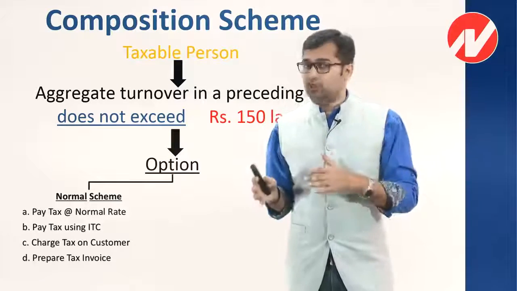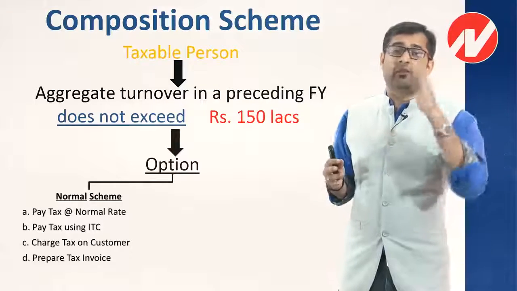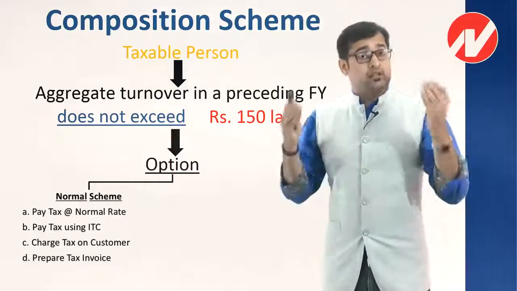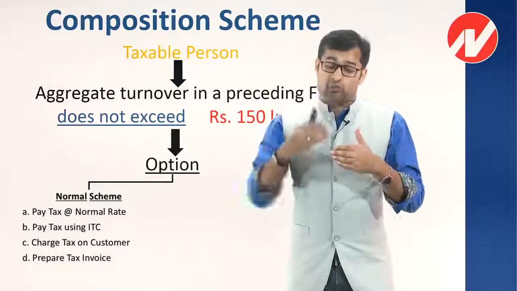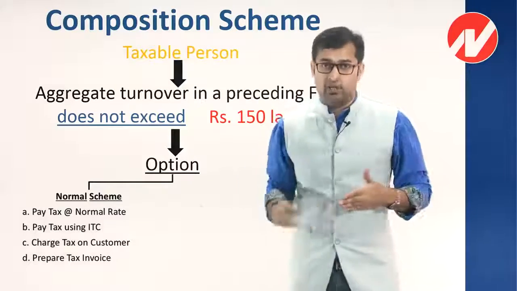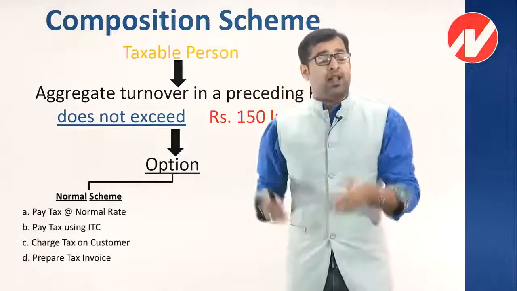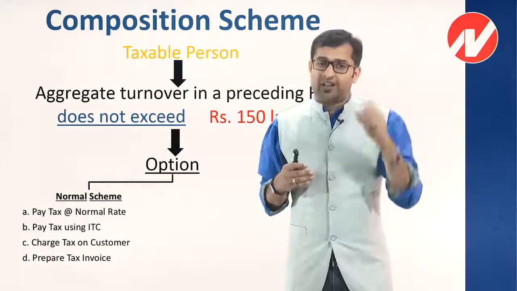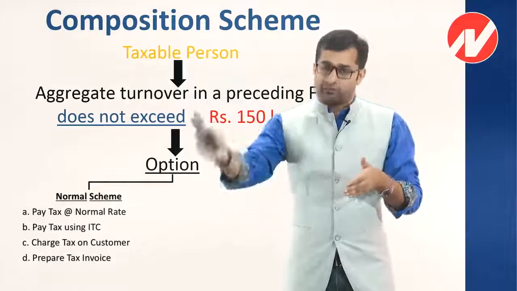The more important criterion is that since I pay tax, I am always eligible for ITC. The third is that since I am paying indirect tax, which I am always supposed to charge from the customer, I charge tax separately from the customer. And the last one is you have to make a tax invoice. In fact, the tax invoice is the only document where you will charge the tax separately from the customer.